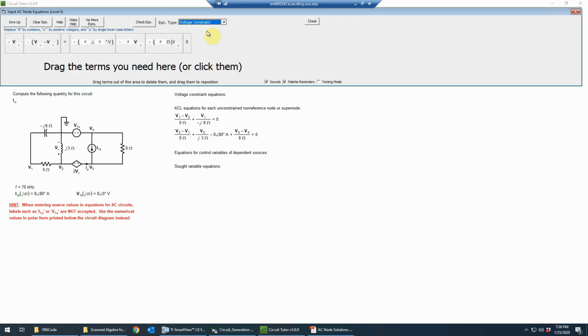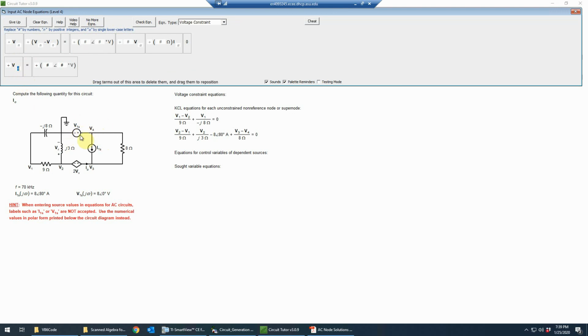And we'll do the voltage constraint equations first. So let's do one first for the V1S source, the independent source. We notice that it has one end connected to ground, the reference node, and the other end connected to a non-reference node. So that will require 1 node voltage. We're not allowed to enter, for example, V0 here, so we'd have to just use 1 voltage. And that will be equal then to a fixed value of the independent source.